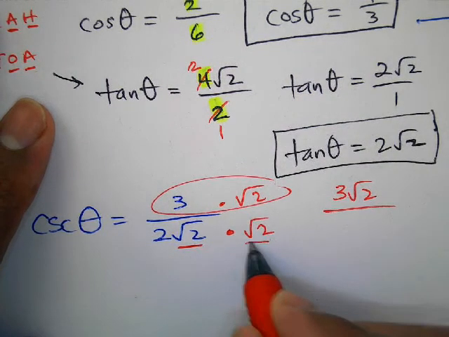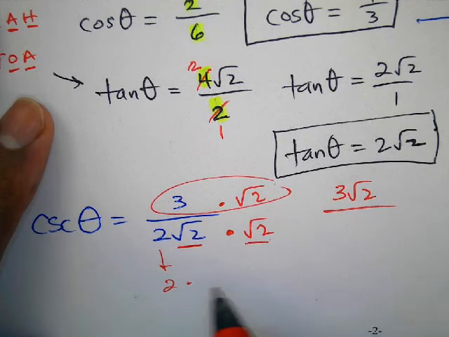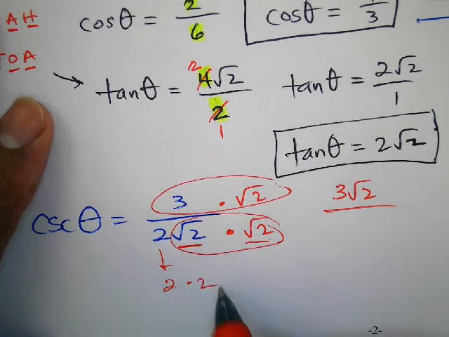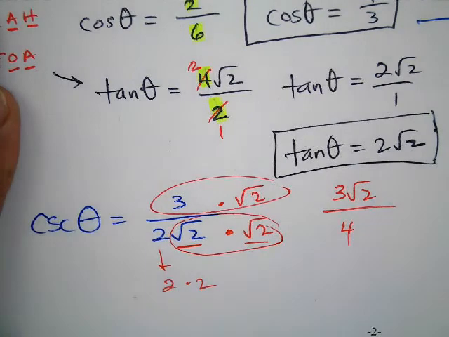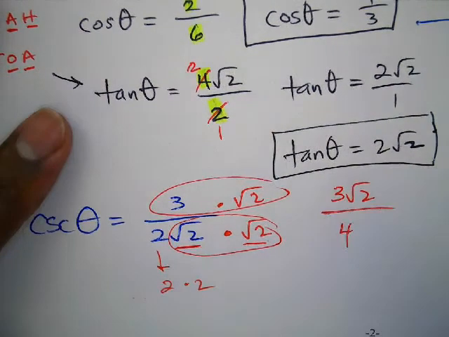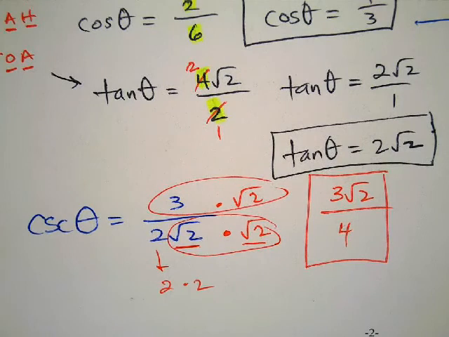I got 2. The root 2 times the other root 2, so I got this 2 times, and then these will make another 2. So 2 times 2 is going to be 4. There's your answer for cosecant. Cosecant is this.